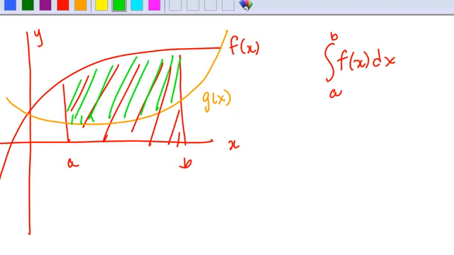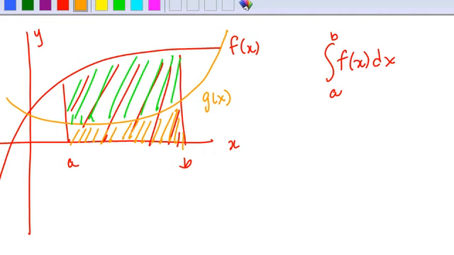The first step is that you find the area underneath the curve of f, and then you find the area under the curve of g of x, which I'll do in orange because it's under the orange curve. And notice that the green area and the orange area make up the red area.